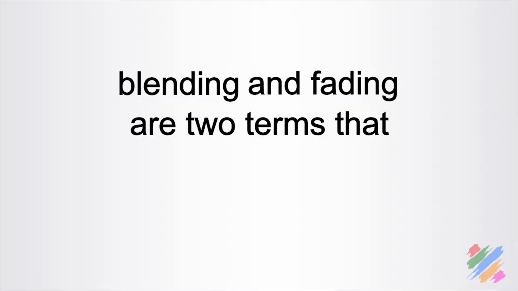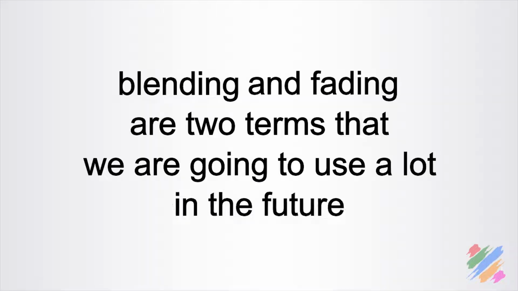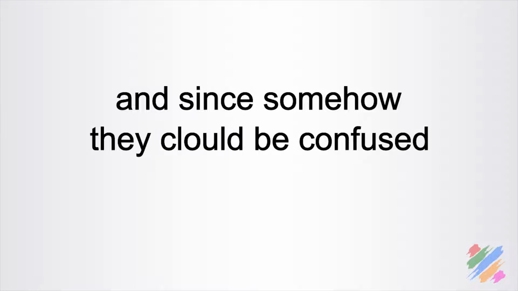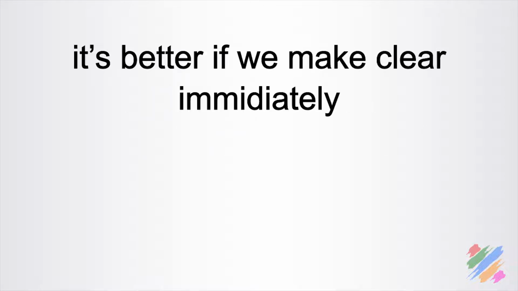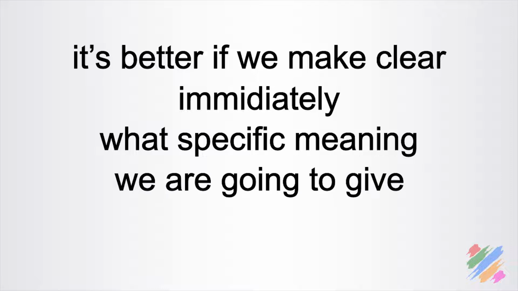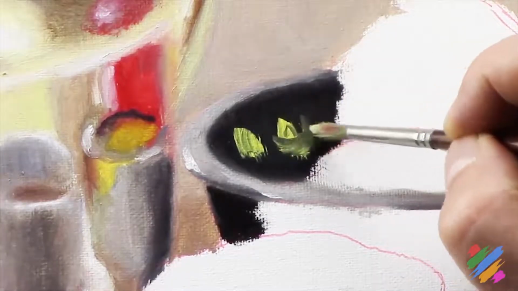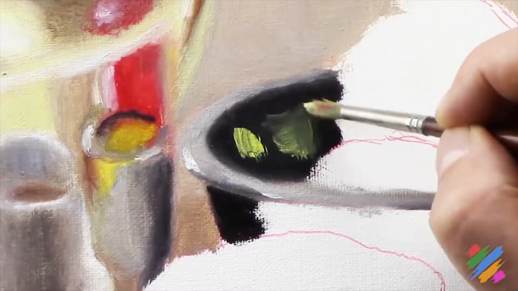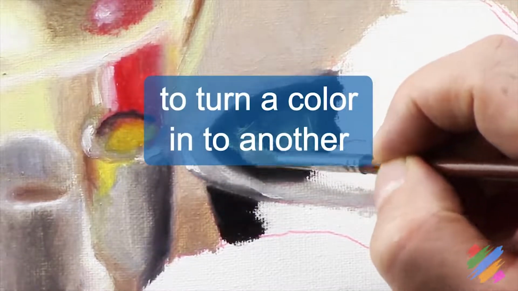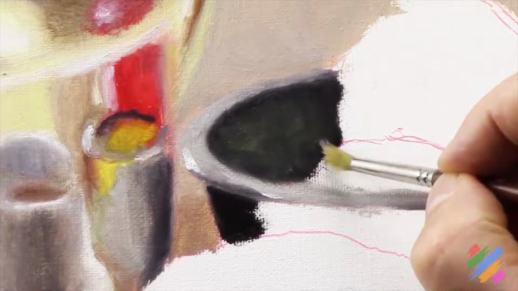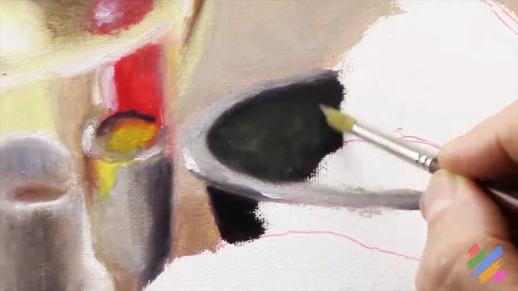Blending and fading are two terms that we're going to use a lot in the future, and since somehow they could be confused, it's better if we make clear immediately what specific meaning we're going to give to each one of them. While we are painting, we're going to blend every time we want to turn a color into another, and we're going to do it right on the support.